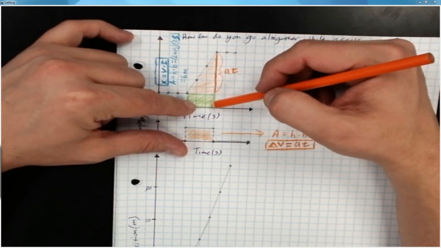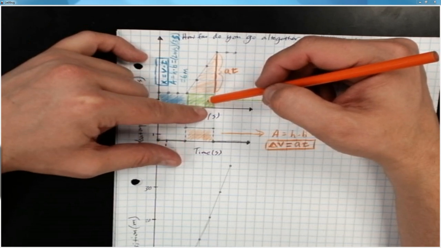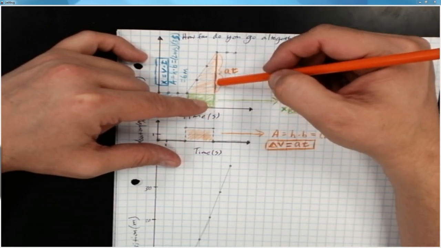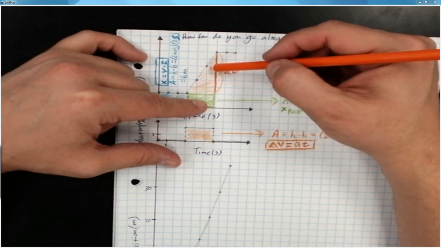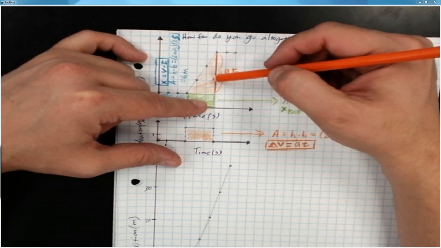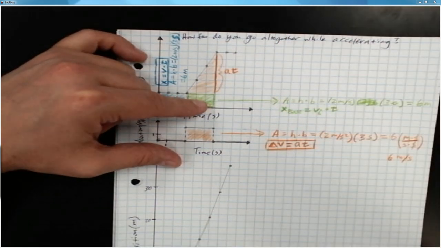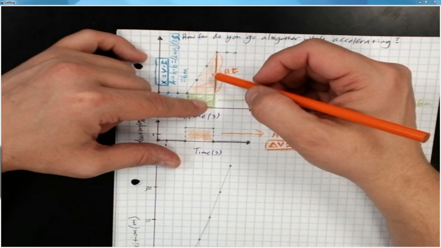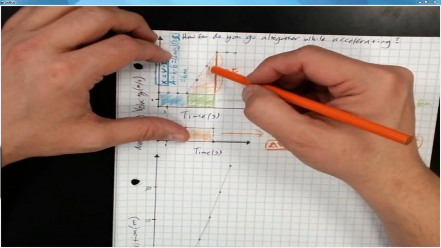See, the green is the distance I would travel if I went at a constant speed. But the extra distance I would go due to me speeding up or accelerating, actually, acceleration could be slowing down too, but we're not getting into that right now. The extra distance I would go due to speeding up would be this area here.